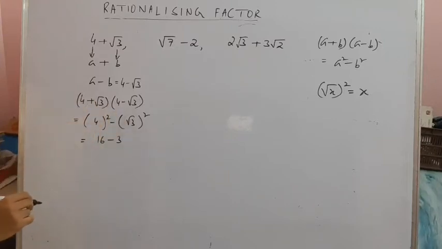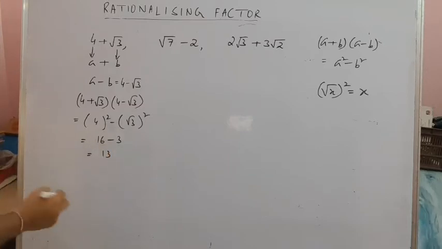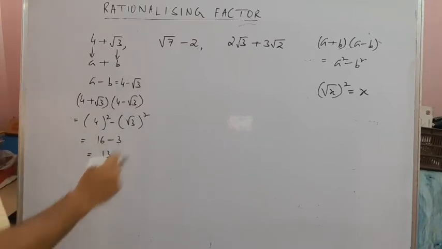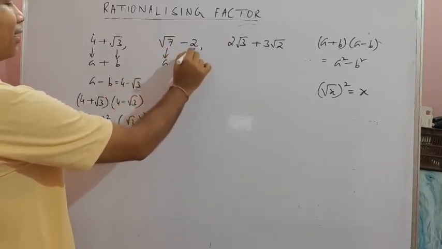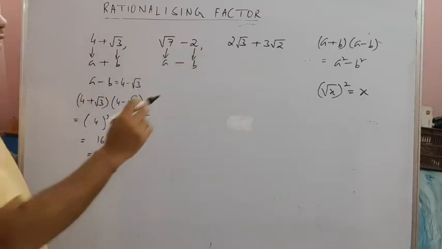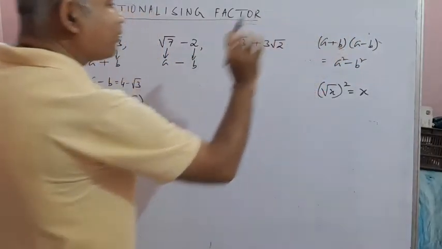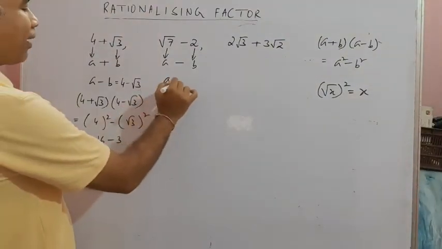Root 3 was irrational, but 3 is rational, and 16 minus 3 is 13, which is a rational number. Similarly, if minus sign is there between them, then suppose it is a minus b. So what I have to multiply with a minus b to get a square minus b square? I have to multiply by a plus b.